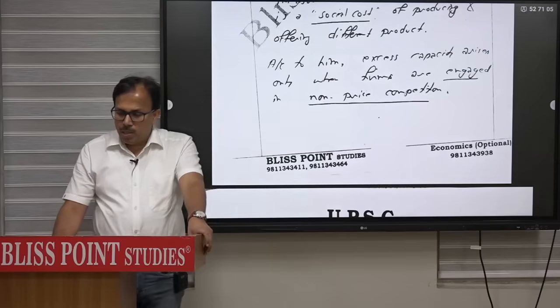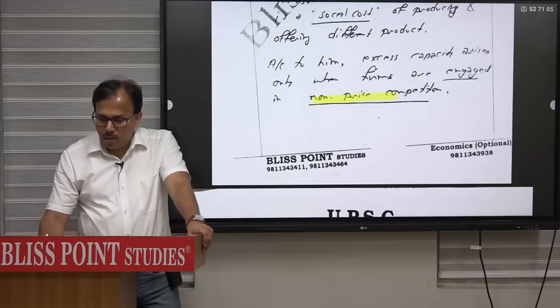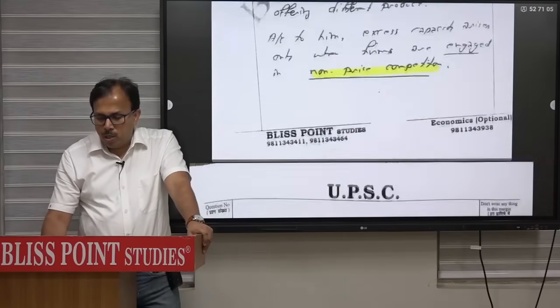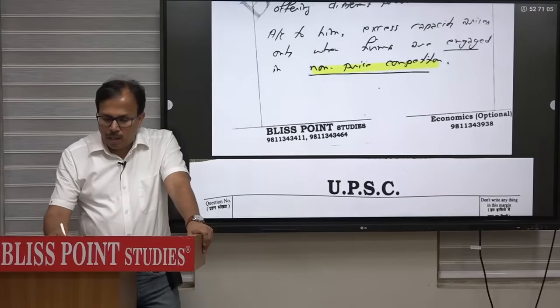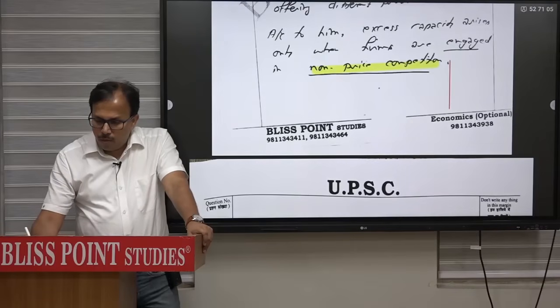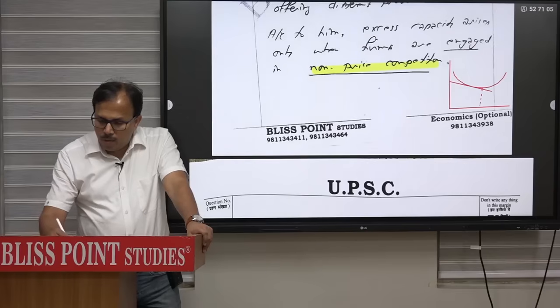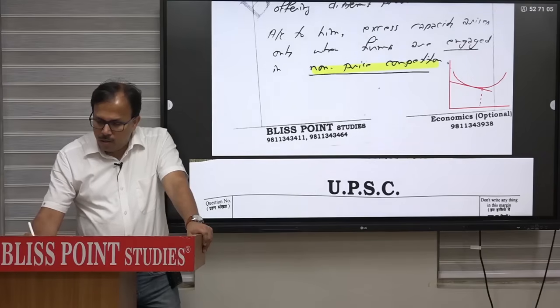According to him, excess capacity arises only when firms are engaged in नॉन प्राइस कंपटीशन और इसमें आप डायग्राम ऐड कर लेंगे. द डायग्राम इज... ठीक है. मॉडल आंसर में आप डायग्राम को ऐड करके मिनिमम पॉइंट यहाँ मार्क करना है. प्राइस कंपटीशन होने पे डिमांड का विल बी फ्लैटर, एंड इन द केस ऑफ नॉन प्राइस कंपटीशन इट विल बी proportional demand curve.